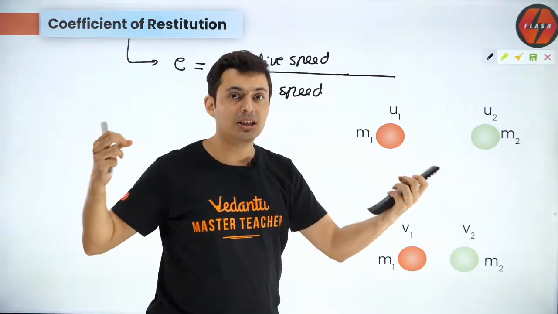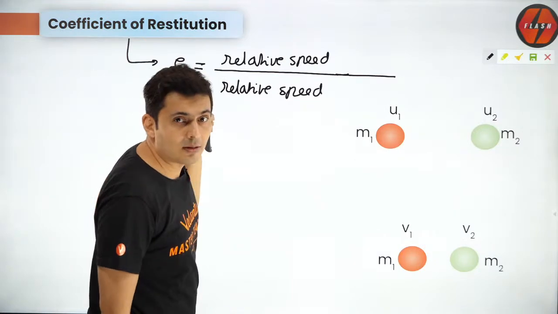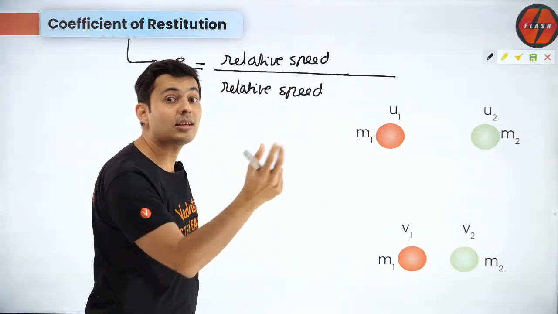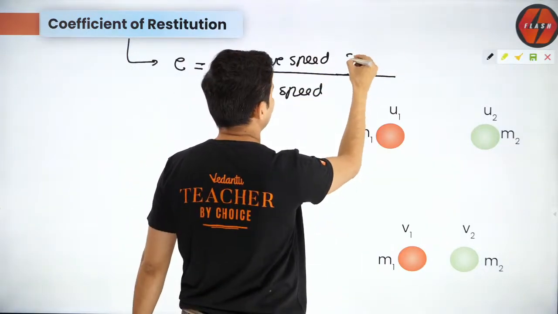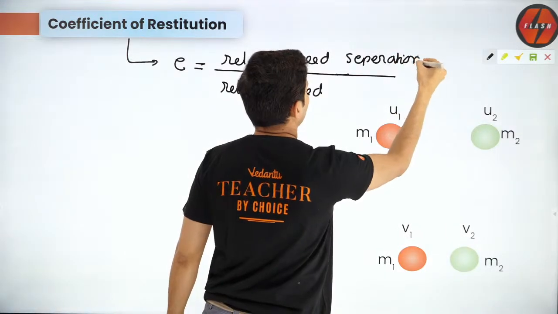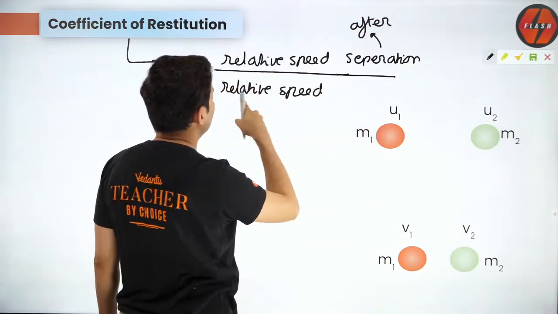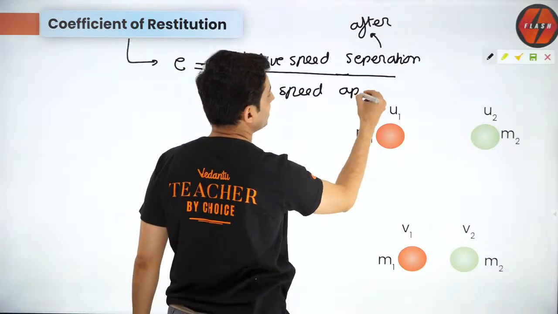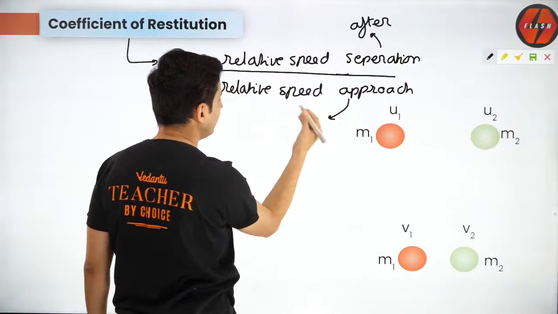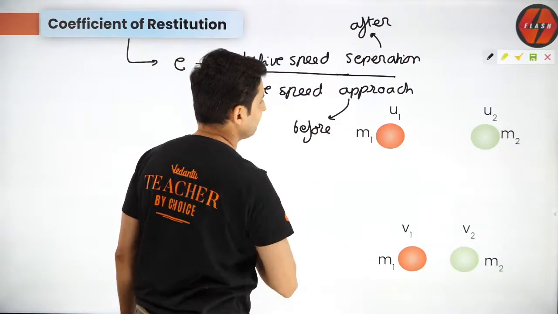So after the separation, the speed is slightly less. Now this ratio is always less than 1. Remember that. So what should come in the numerator? Think about it. Separation or after the collision. So separation. And this word separation will be always for after the collision. And relative speed of approach, how they come close to each other, and that is nothing but your before the collision.